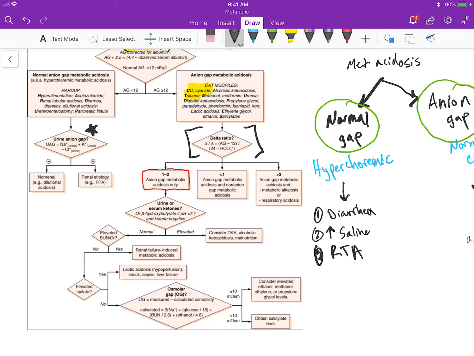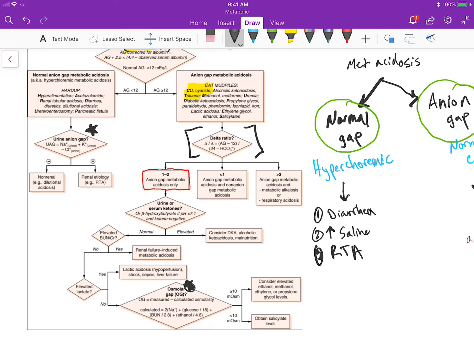Depending on the patient and the given scenario, if you suspect a toxic alcohol ingestion, that's when you would calculate your osmol gap down here. Again, it's a similar concept to the anion gap. It's saying that there's something else in the blood that's taking up space and it's not calculated by the laboratory.